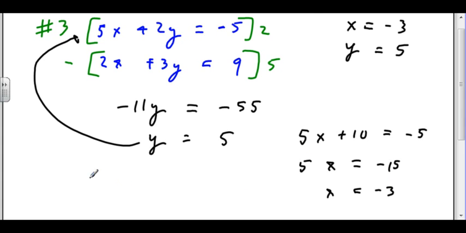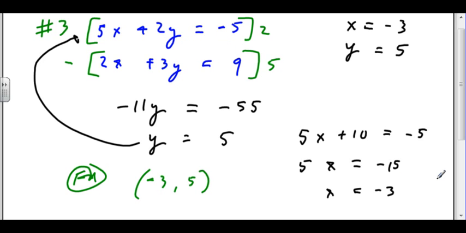And so I write down a final answer: minus 3, 5. And then I clean up my act a little bit, not too much, don't want to overachieve or anything.